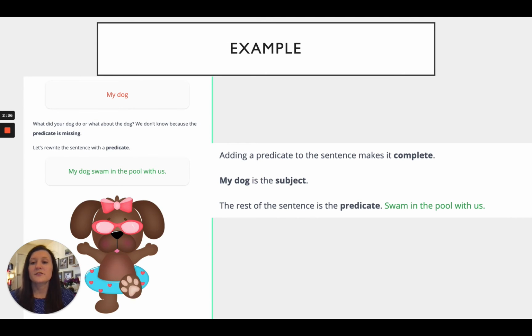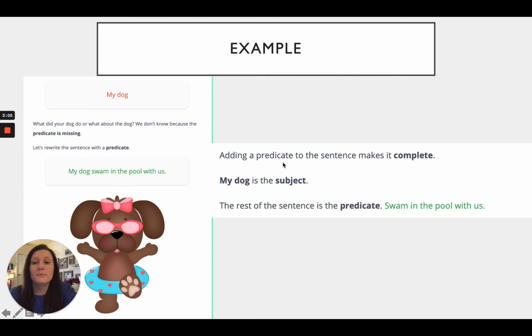All right, let's look at another example here. So we have my dog. So what did your dog do, or what about the dog? We don't know because the predicate is missing. So let's rewrite the sentence with a predicate at the end. So here we have my dog swam in the pool with us.